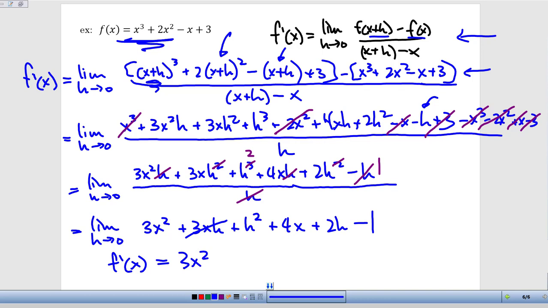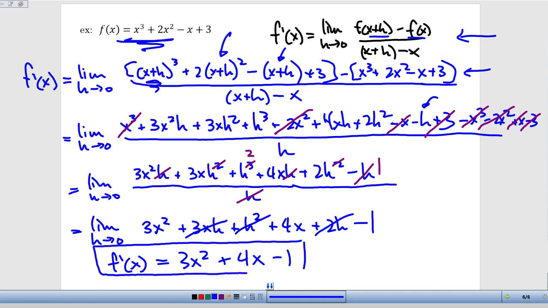This has turned into a 0. This has turned into a 0, plus 4x. This turns into a 0, and then finally minus 1. So here's the formula that we can plug into to find the slope of a line tangent to this function at any value of x.